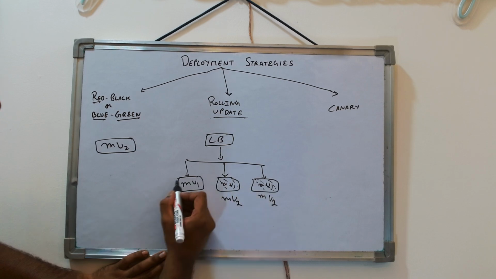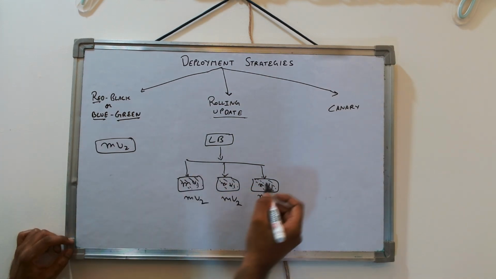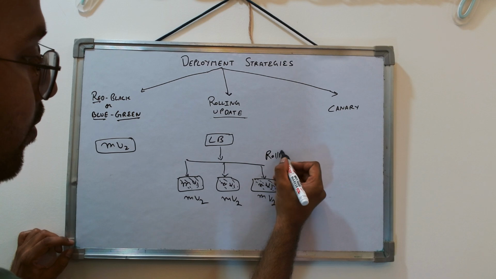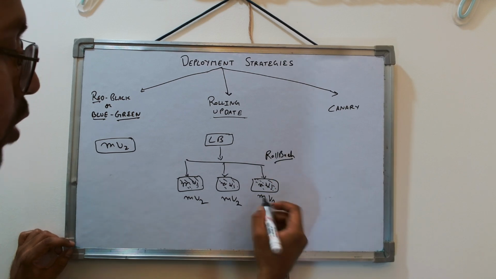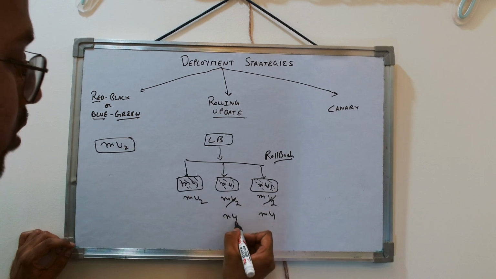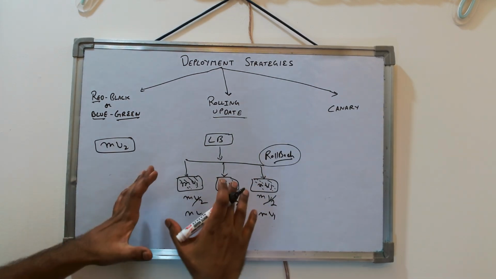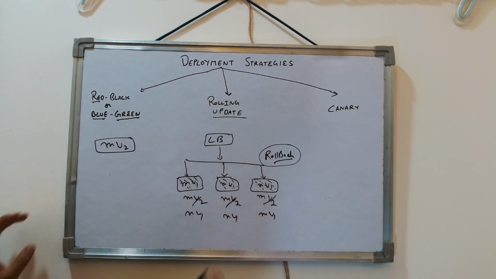At any point of time, if there is any issue, all you can do is roll back. When you do a rollback, it will change again to manifest version 1, manifest version 1, manifest version 1. But there is no pause capability.